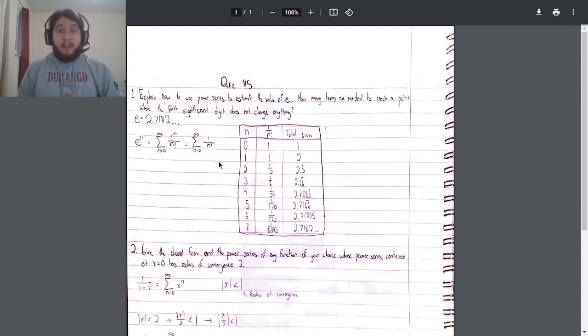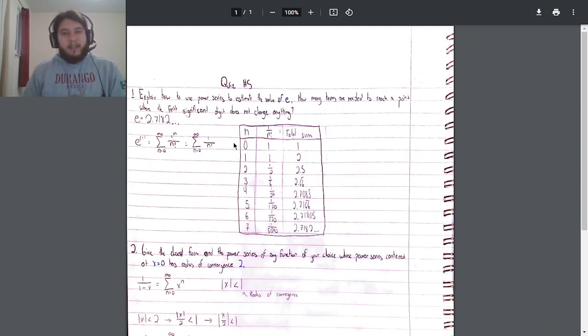Secondly, to find how many terms are needed to get to the fifth significant digit so that they're exactly the same, I first found out what the first 5 digits of e are, and then I made a little table where for each n in the sum, there is what it would give you by itself, and then the total sum of all the ones before it plus itself.